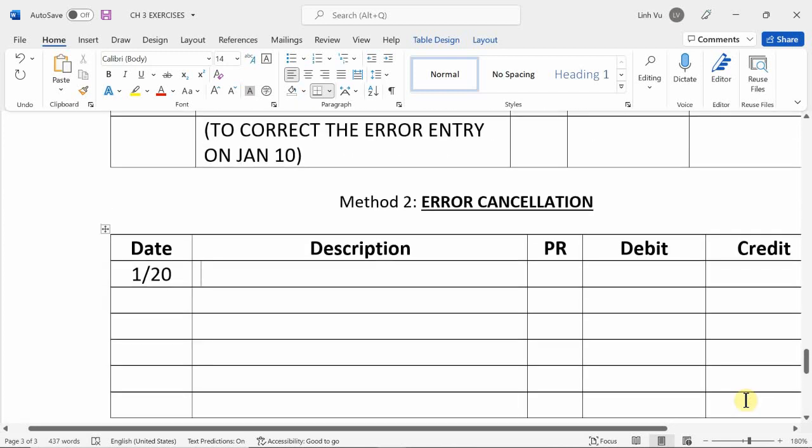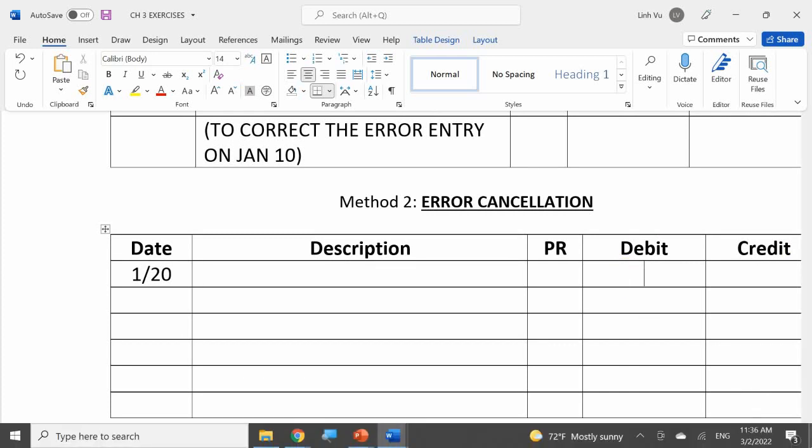What do I need to determine first? The difference. What's the difference between 65 and 56? $9. Good.